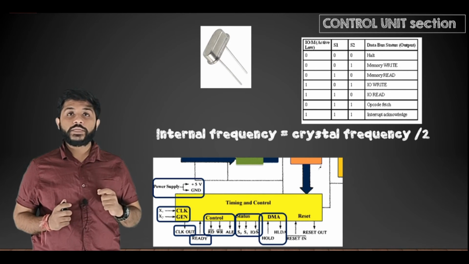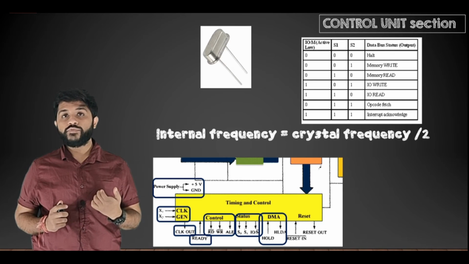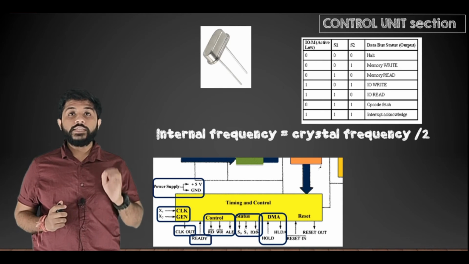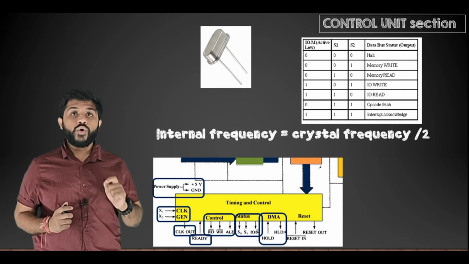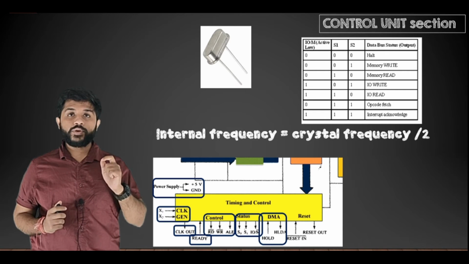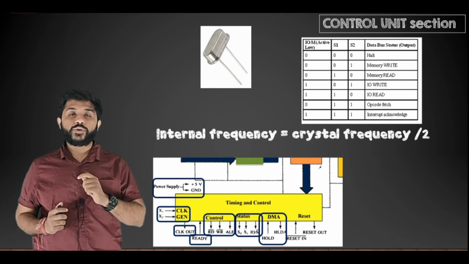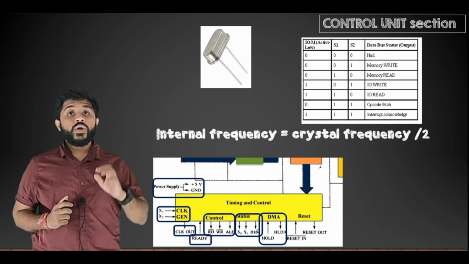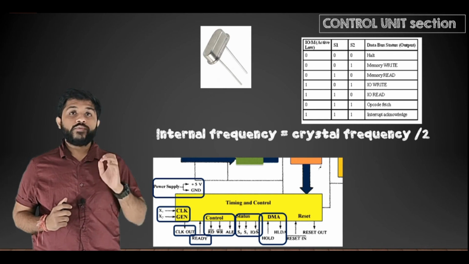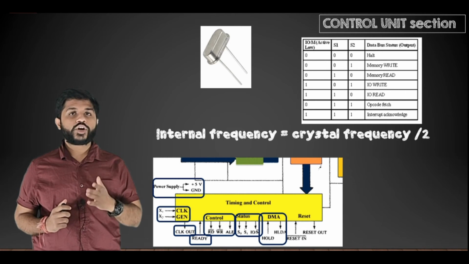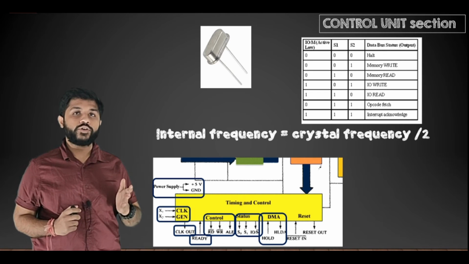Then the next two pins are known as the DMA pins, which stands for direct memory access. You can see that for DMA, two pins are there, hold and HLDA. The hold pin is the input and the HLDA is the output. These pins are used when any peripheral device wants access to the system bus. What is the system bus? It is a combination of the address, data and control bus.